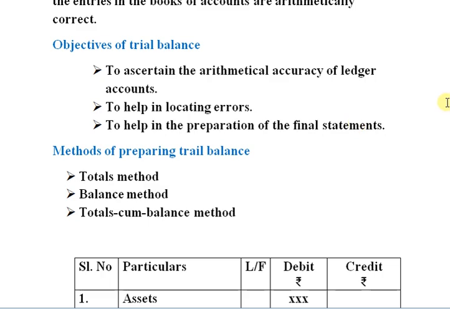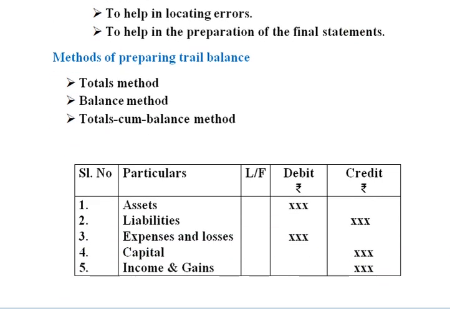The format is: trial balance, serial number, particulars, ledger folio, and debit and credit amount columns. Remember that: serial number, particulars, ledger folio, debit and credit.